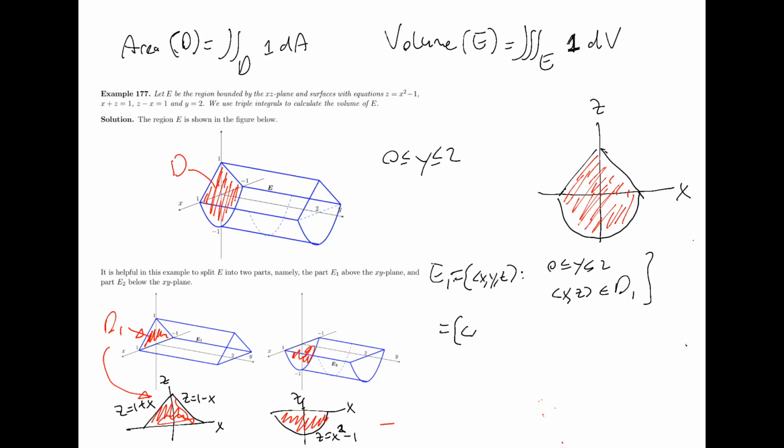Let's go a little bit further, because as I explained in the previous example, I now also want to find bounds for x and z. This will make the computation slightly easier later. So the region D1 over here should be done as a type 2 region, right? So z should be between 0 and 1.